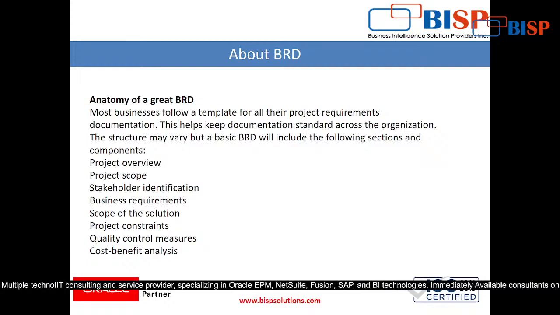Many times it happens that there are a few things which the client demanded, but it is practically not possible. So we have to show them what the constraints are, and show them another way with which they can fulfill their requirement. We can't just say that this is not possible, we have to provide them an alternative solution also. So these are the 8 points which are included mandatorily in the BRD, right?